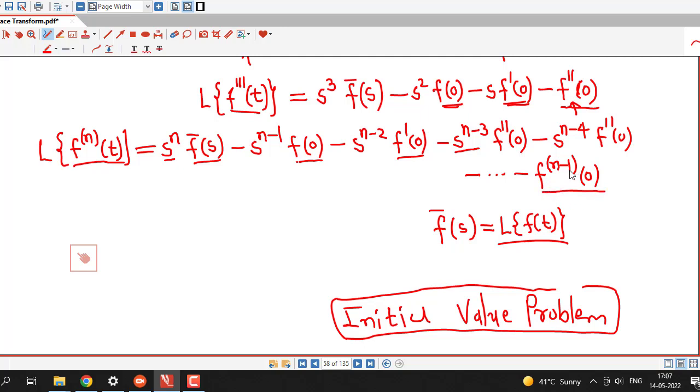The last term is the (n minus 1)th derivative of f at t equal to 0.